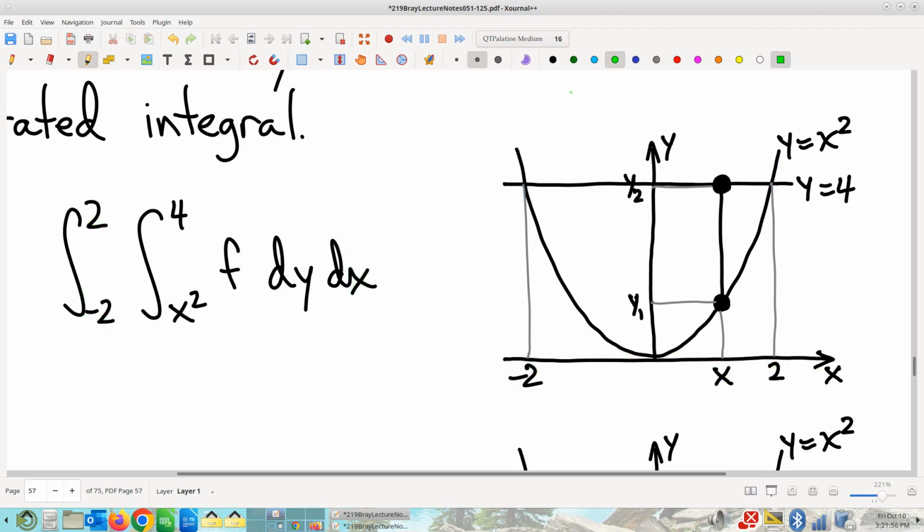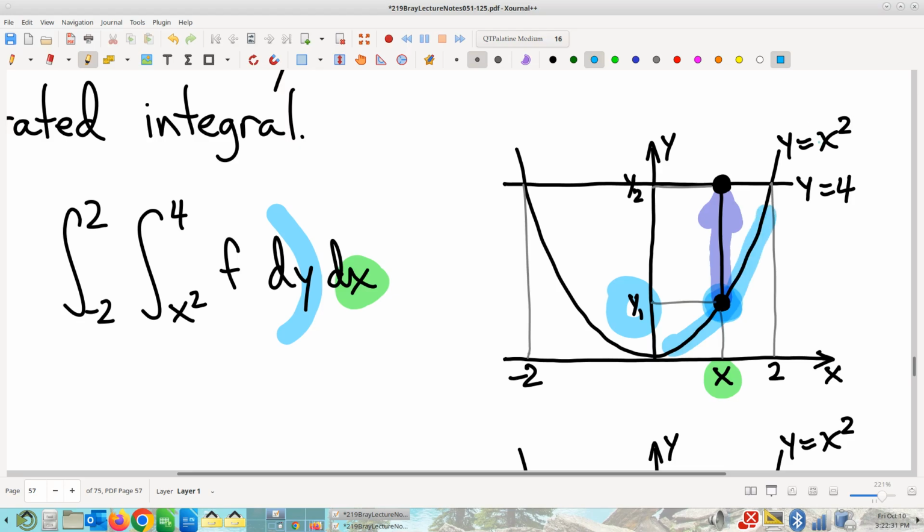We're then going to fix a value of x, as we've done before, and focus on this x slice. As we move across that slice, we need to figure out where y starts and where y ends. In other words, we want the bounds for y. The lower bound for y comes from that point, which is on this curve.